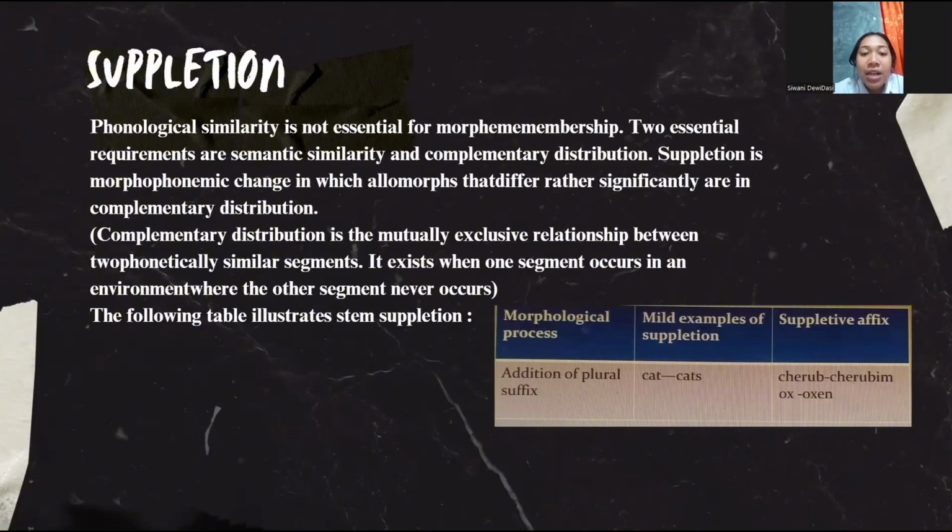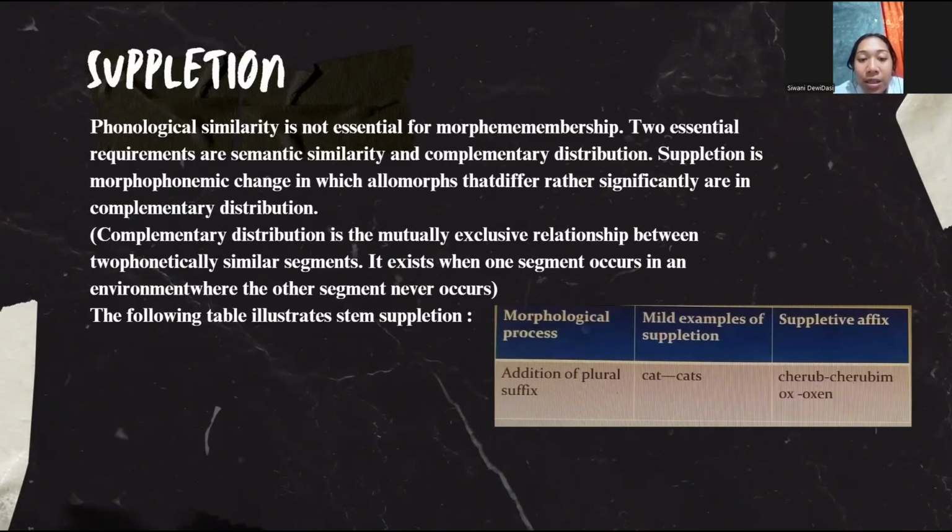All right, we have suppletion. In suppletion, phonological similarity is not essential for morpheme membership. The essential requirements are semantic similarity and complementary chains in which allomorphs that differ rather significantly are in complementary distribution.